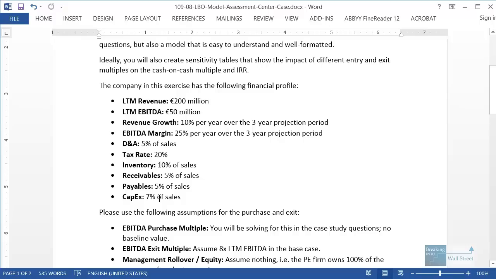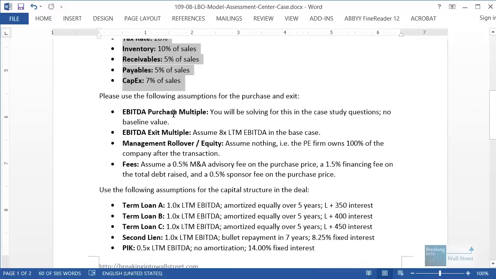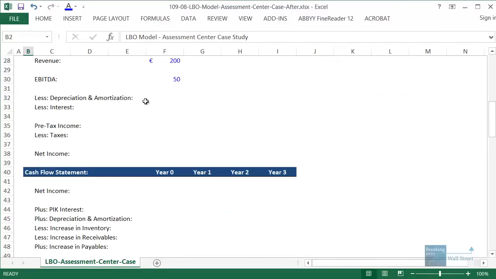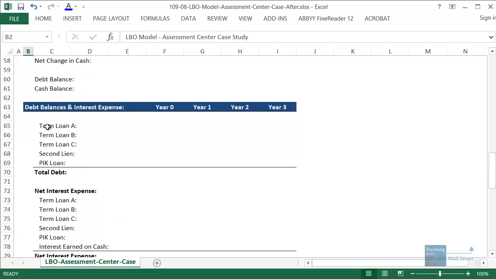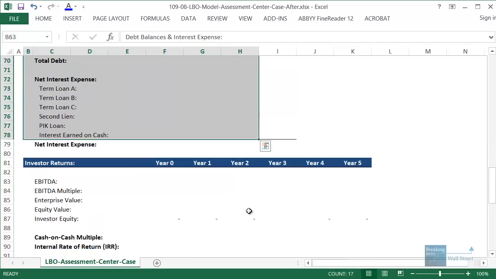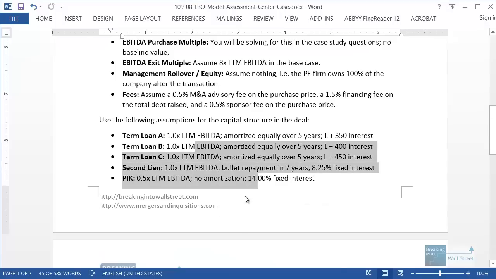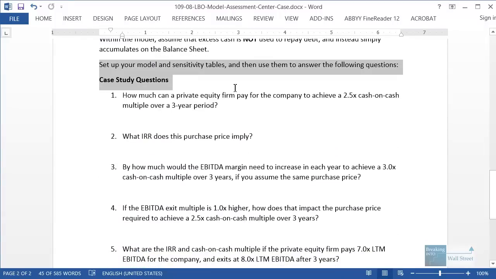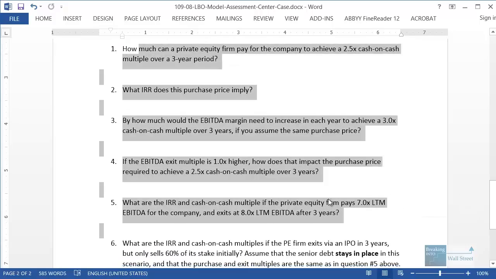In the first one, we're going to go through how you take the assumptions for the financial information for the company, as well as the transaction and the capital structure, and how you set up the LBO model, the income statement, the cash flow statement, and then tracking the debt balances, interest expense, and calculating investor returns. And then in part two, we will focus more on the interpretation and looking at the sensitivity tables and going through and answering all these case study questions.